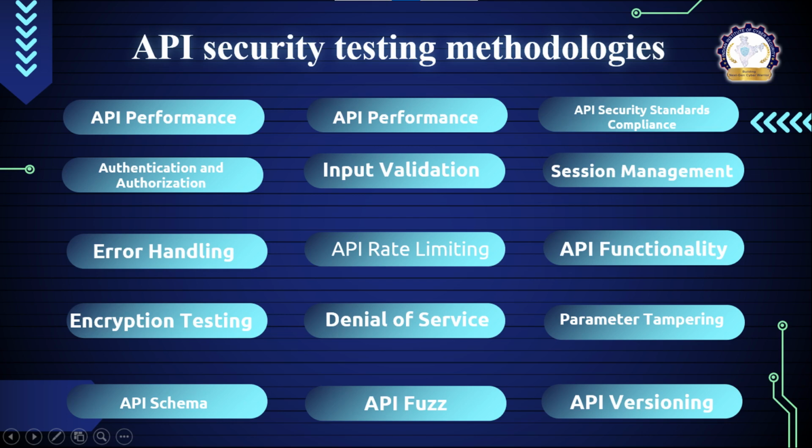And after that, we have API security standards compliance testing. This method involves testing whether the API adheres to established security standards and best practices, such as OWASP API Security Top 10, NIST, that is the NIST Cyber Security Framework, and ISO IEC 27001.